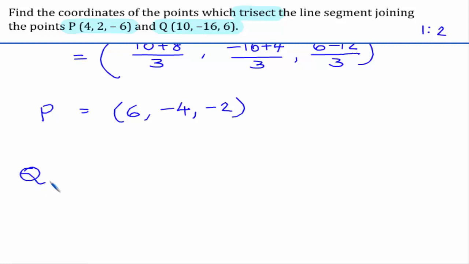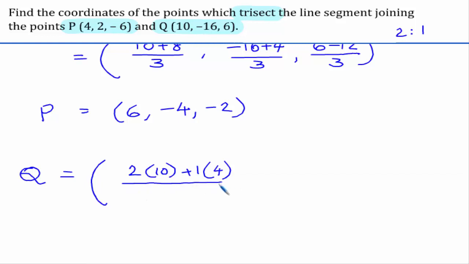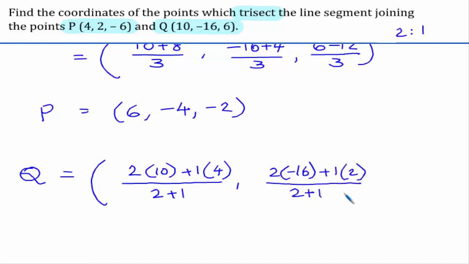Let us find out the second point. Similarly, let us substitute now, but this time the ratio is 2:1. Now 2 into 10 plus 1 into 4 by 2 plus 1, 2 into minus 16 plus 1 into 2 by 2 plus 1, 2 into 6 plus 1 into minus 6 by 2 plus 1.